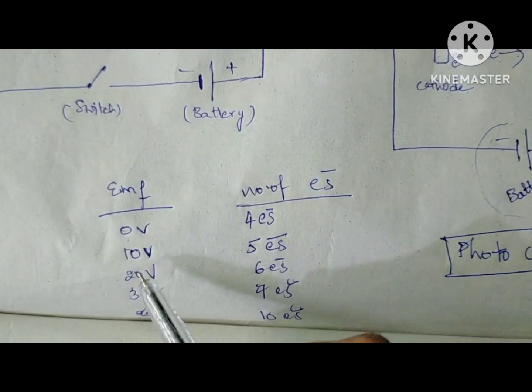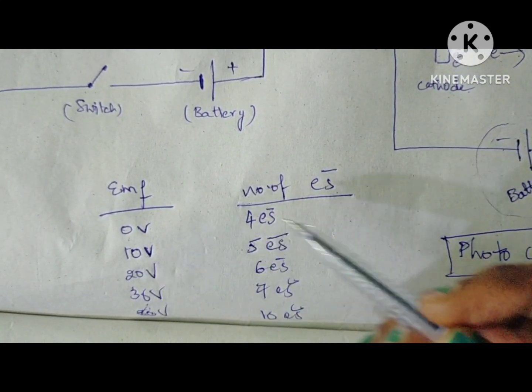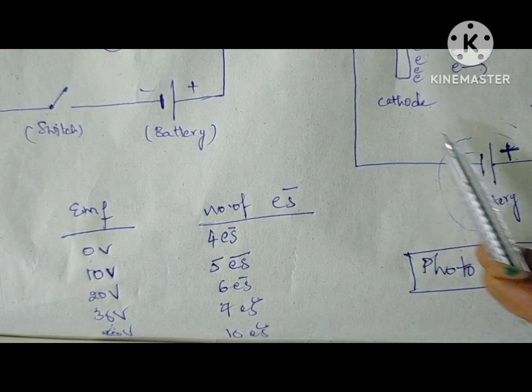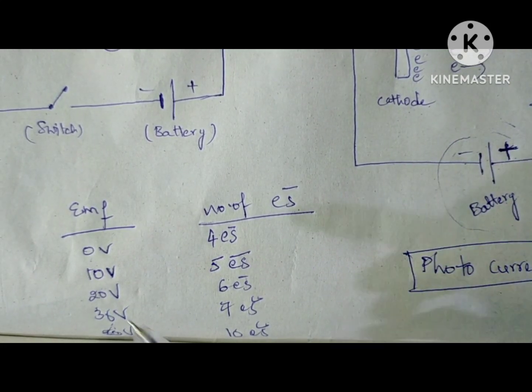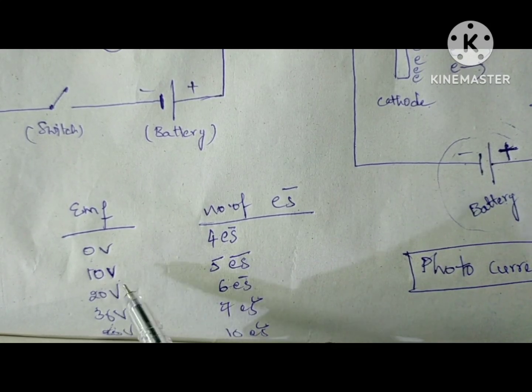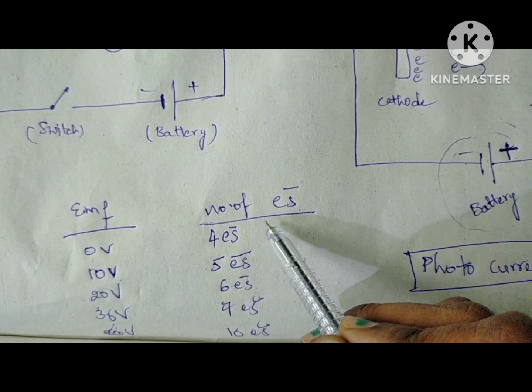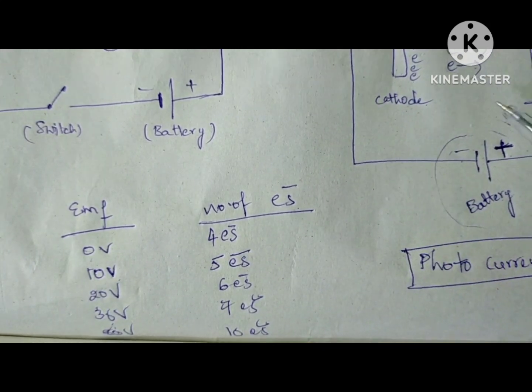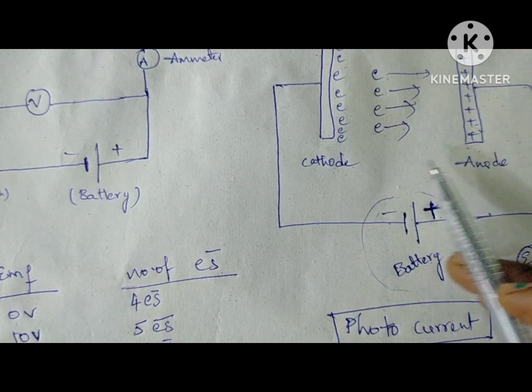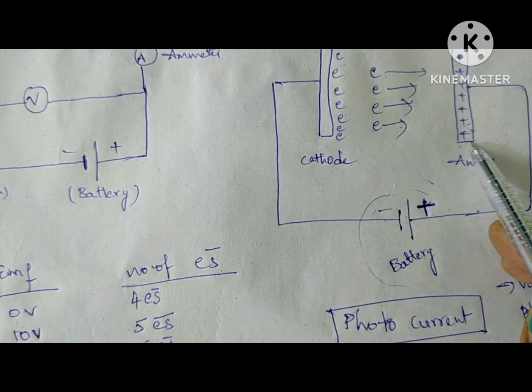Whenever we connect a battery and add 10 volts of potential, how many electrons are able to reach this anode?